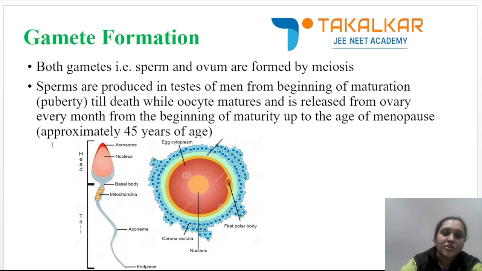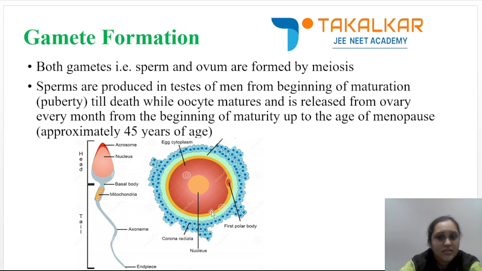Gamete formation. Both gametes, sperms and ovums, are produced by the process of meiosis, which is also called reduction division. These sperms are produced in the testes of men from the beginning of puberty, and the process goes on till death.